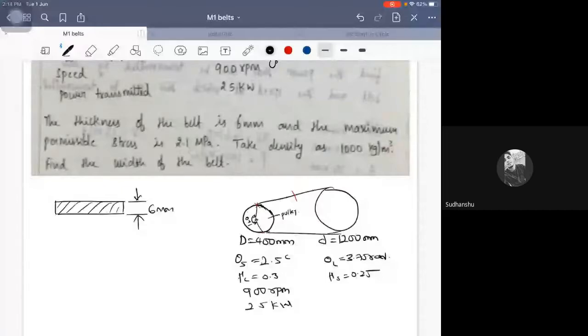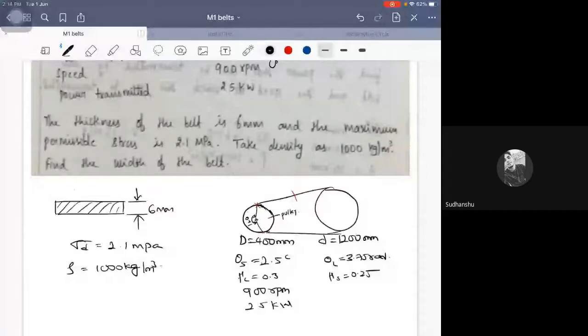Now, the maximum permissible stress, sigma d, is 2.1 megapascal. This is the maximum permissible stress for this belt material. Density is also given. It is 1000 kg per meter cube.